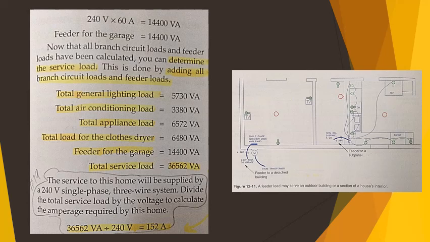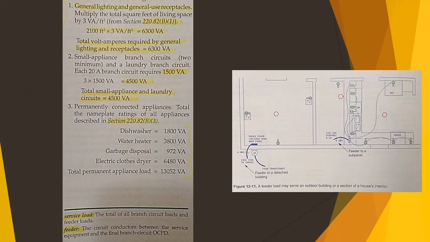Optional feeder and service load calculations. Part 4 of Article 220 contains rules for using an optional method that requires fewer calculations to determine feeder and service loads.